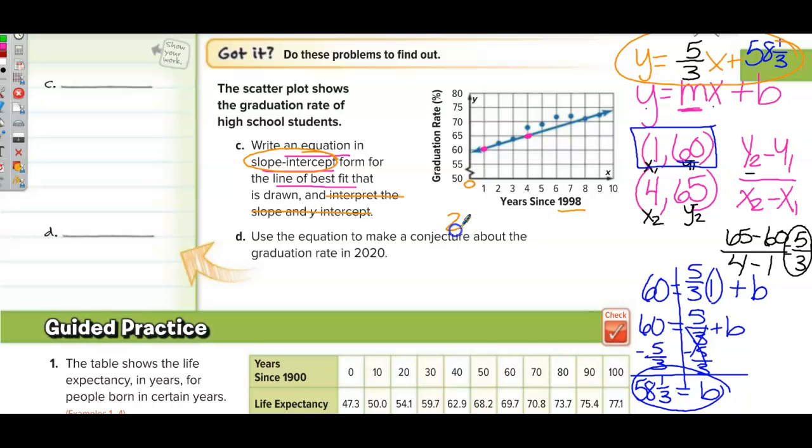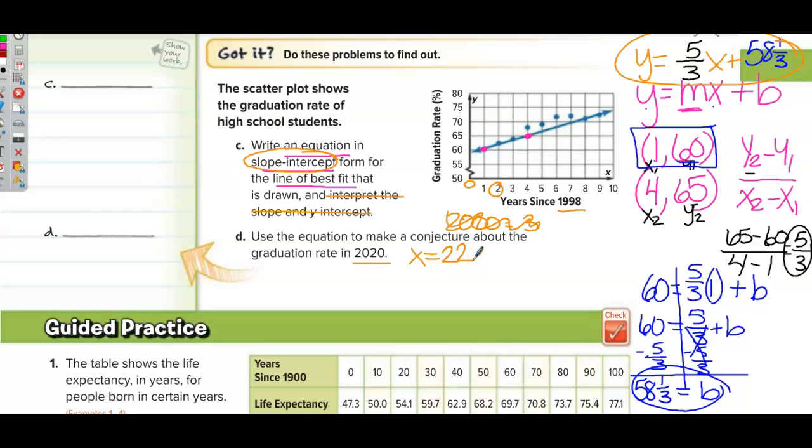Oops, I said that wrong, I'm sorry. Let me backtrack. Year 1998 is 0. So year 1999 is 1. Year 2000 is 2. So then 2020 would be x equals 22.